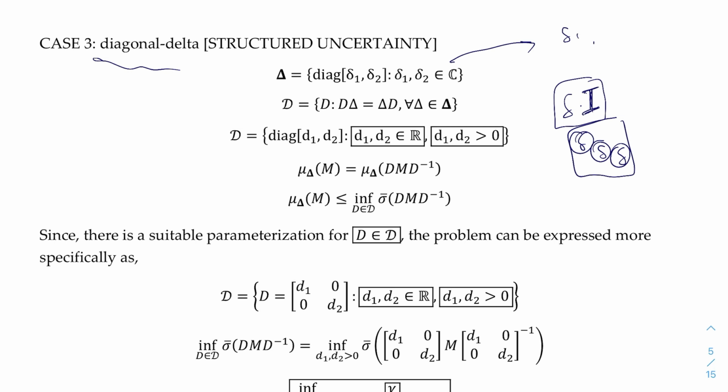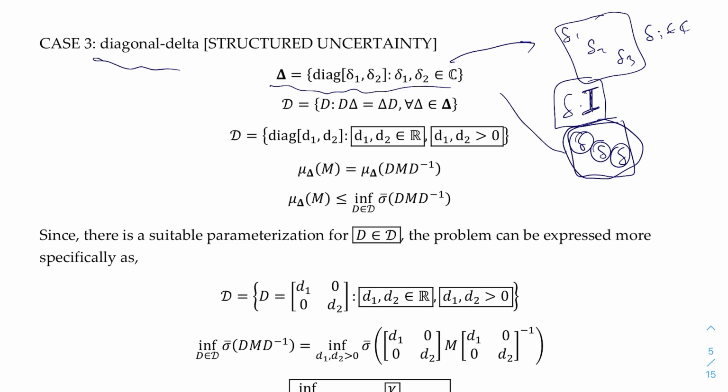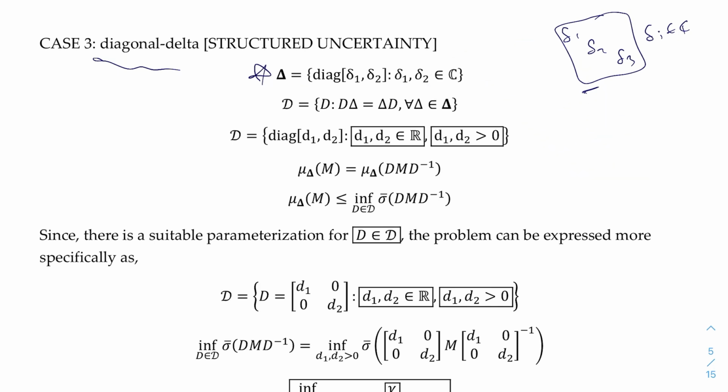And this is delta 1, delta 2, delta 3, and these delta i's are complex. So this uncertainty set, or rather the previous uncertainty set, is a subset of this given uncertainty set.